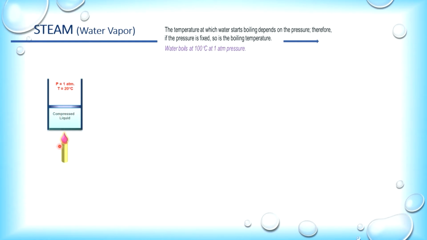Initially the temperature is 20. When heat is supplied, the temperature will start to change from state point A to state point B. The pressure still remains the same, but the temperature will increase until it reaches 100 degrees C. At this 100 degrees C, you can see bubble formation starts to take place, and we say the water is boiling.